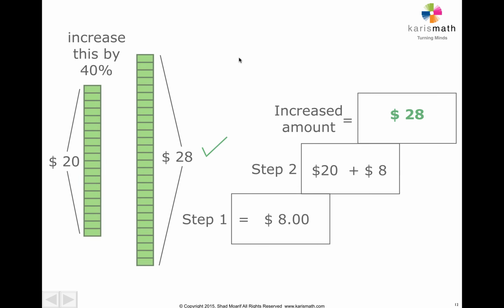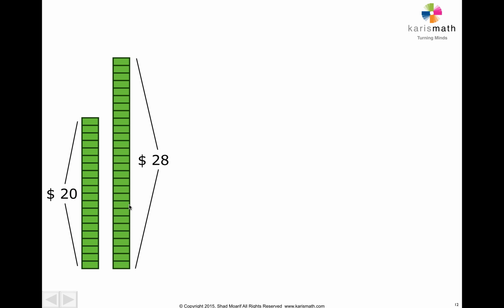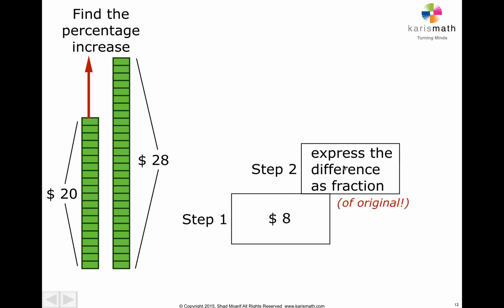And if you want to do the reverse, suppose you want to show this is 20 and this is 28. Find the percentage increase. There's an increase of 8, but what's the percentage increase? Well, you take the difference, which is 8, over the original amount.